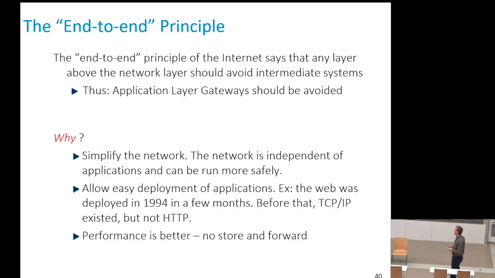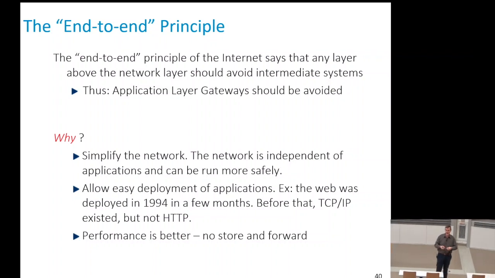The end-to-end principle of the internet says that we should not have application layer gateways, or in fact, we should not have any intermediate systems other than at the network layer or the MAC layer. All the layers above should not have such intermediate systems, because the principle of the internet is we deliver all data into small packets that are all the same, and all packets can be transported end-to-end. This is what made the success of the internet.